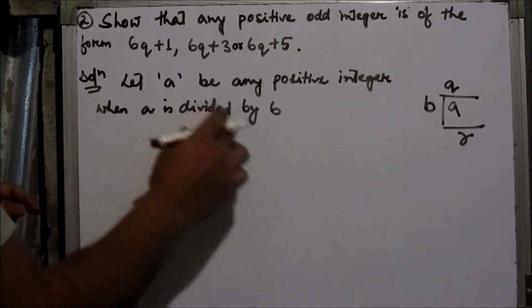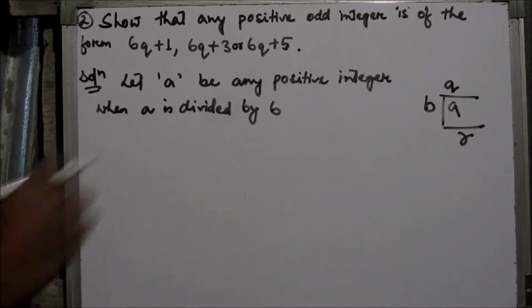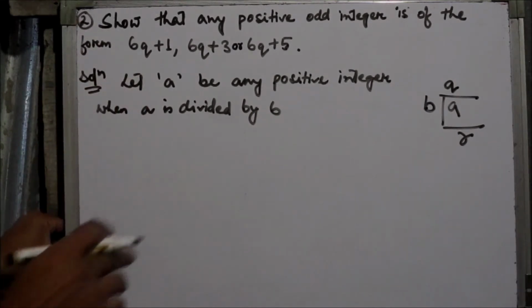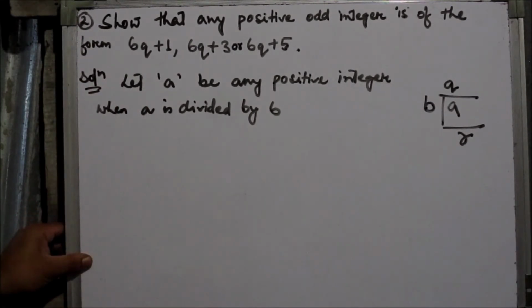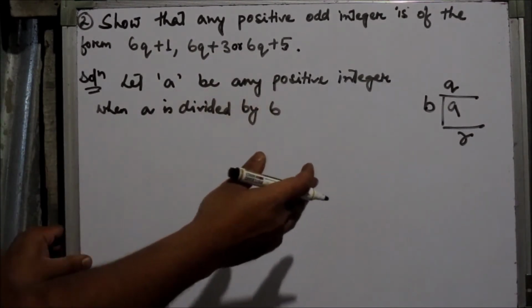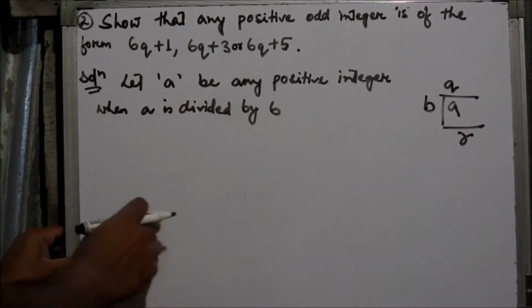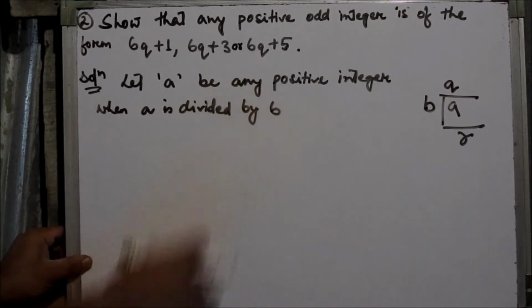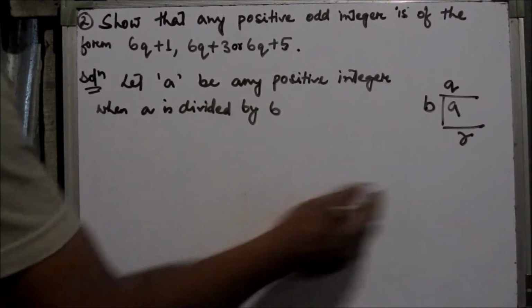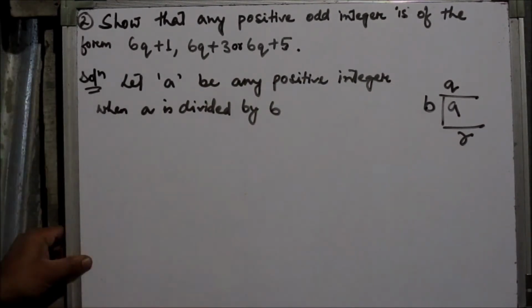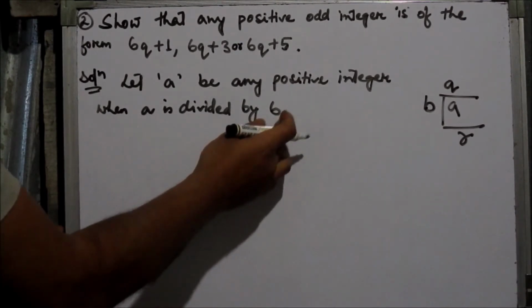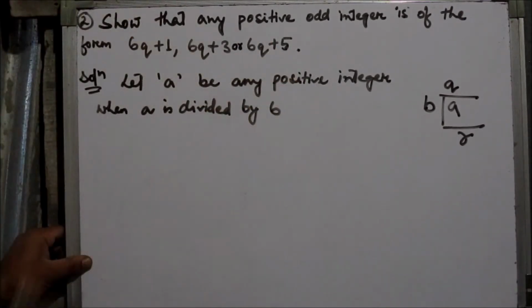So when a is divided by 6, there will be 6 possible scenarios in which the remainder r can be 0, 1, 2, 3, 4 or 5, but cannot be greater than 5, because r cannot be greater than the divisor 6.